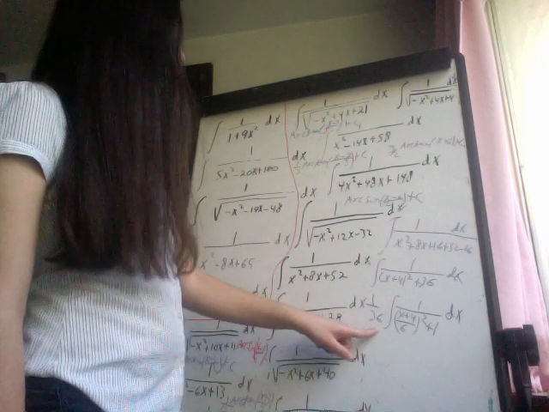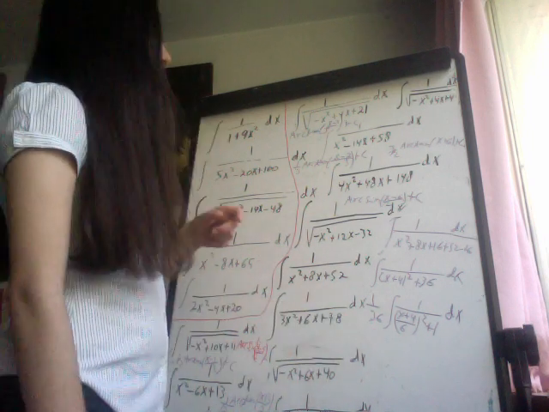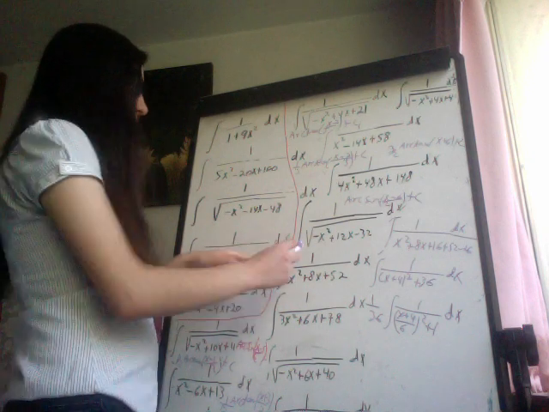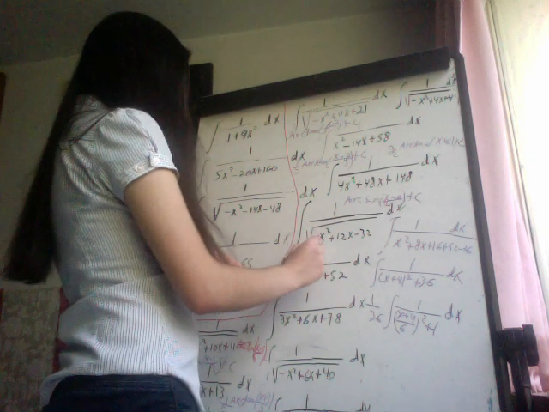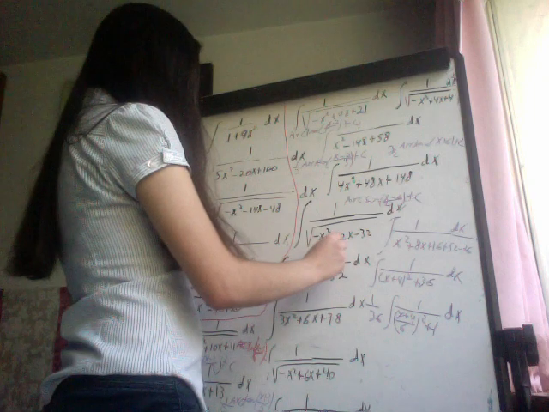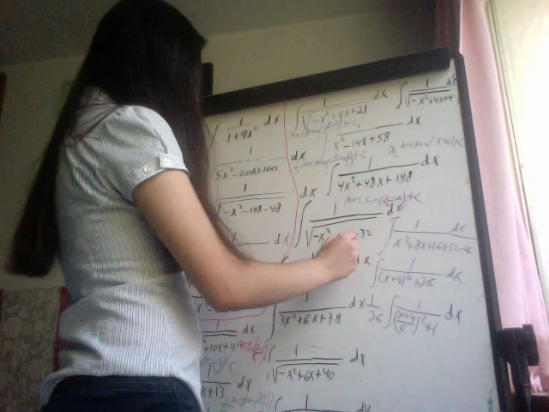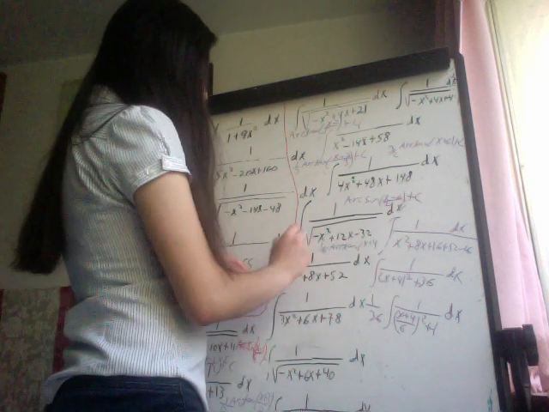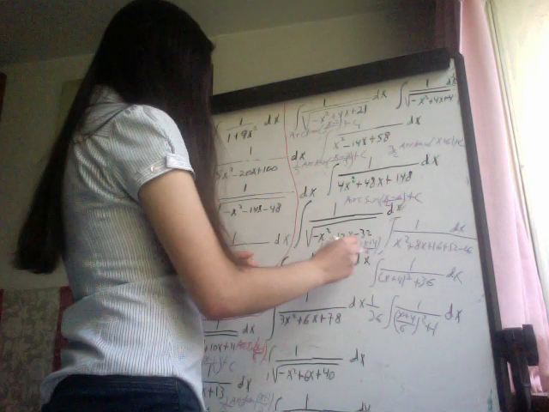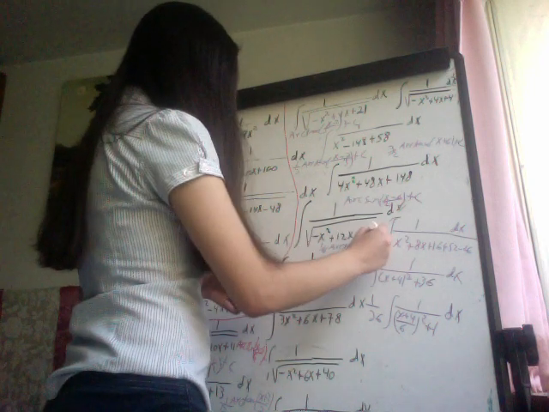But here I have 1 over 36. So this would be 1/6 of arctangent of (x plus 4) divided by 6 plus c.